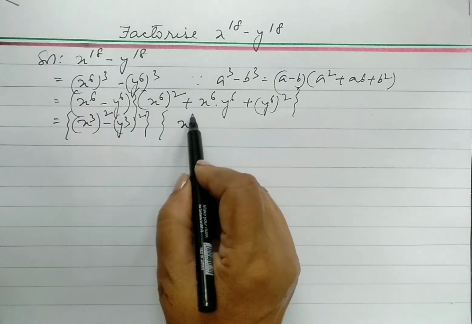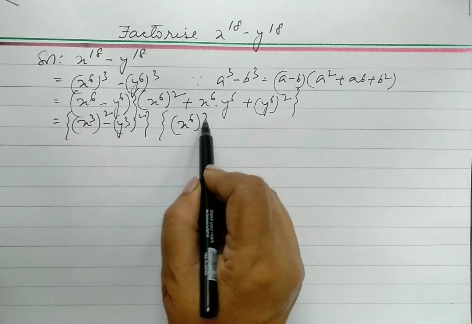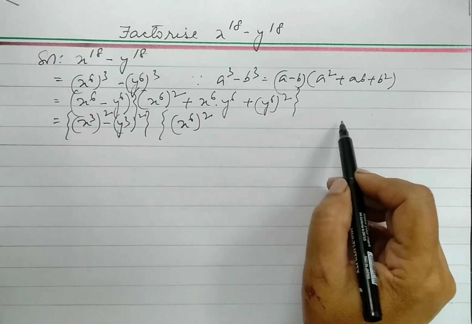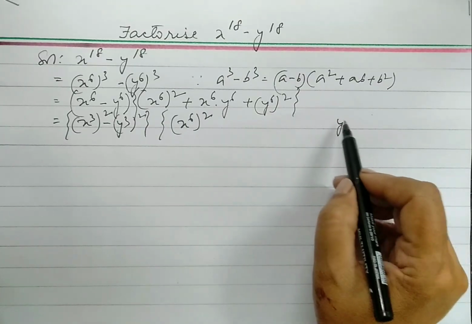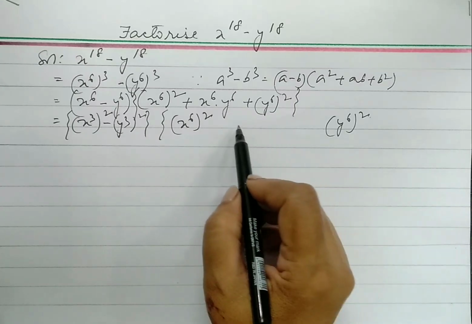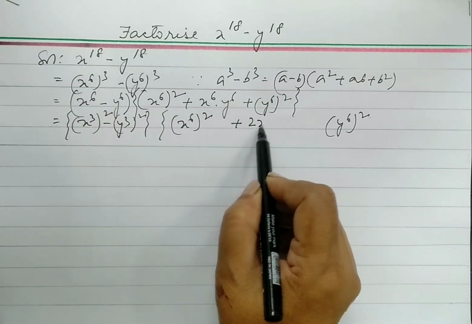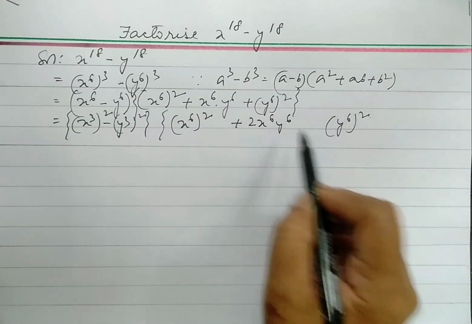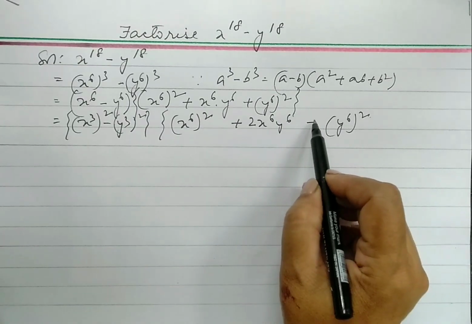Since we have x to the power 6 to the power 2, this is my A, and here this is A square, this is B square. Can we write this as 2 times x6 and y6? We can't, isn't it?